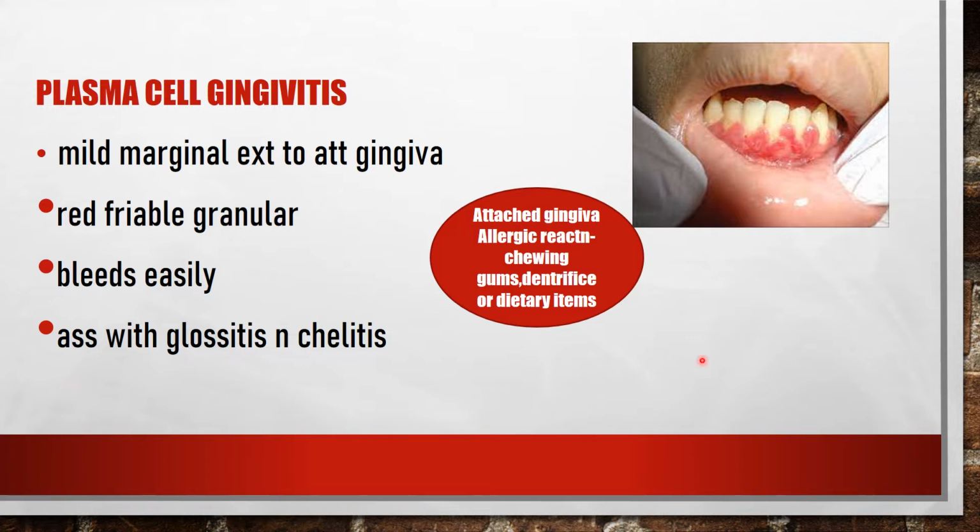It is associated with gingivitis and cheilitis. That is the most peculiar feature of plasma cell gingivitis. It usually occurs as an allergic reaction to chewing gums, dentifrices, or dietary items. So that comes under chronic inflammatory gingival enlargement.